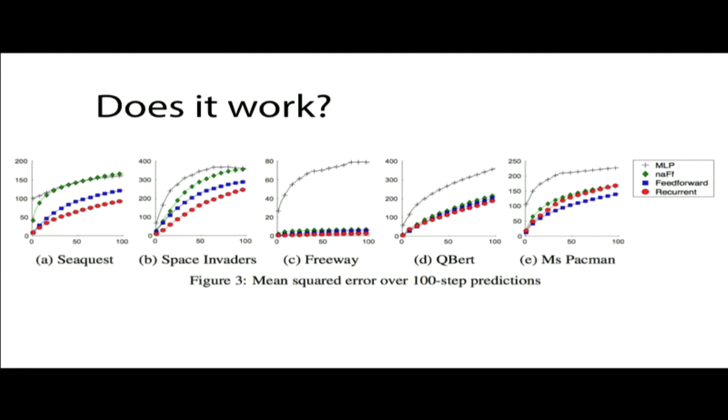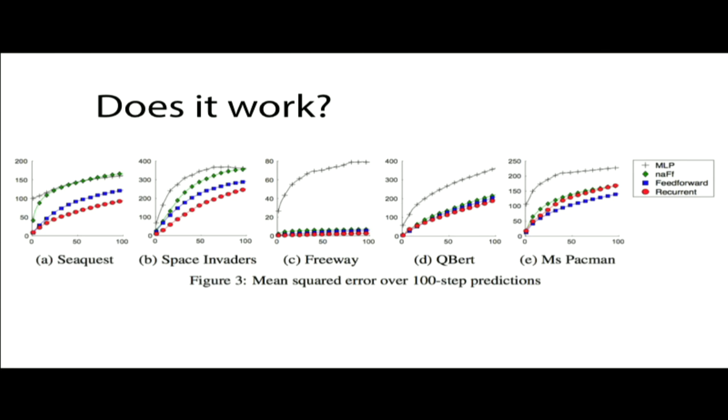The first thing to note here is that these are evaluated using mean squared error on frames, which is a terrible metric as things go for predicting frames. That's actually one of the things that makes video prediction very challenging: we don't really have a good metric for what makes a frame accurate, what makes a prediction accurate.